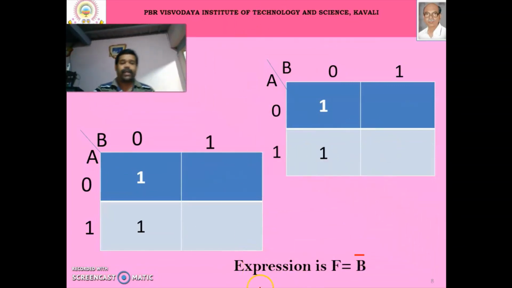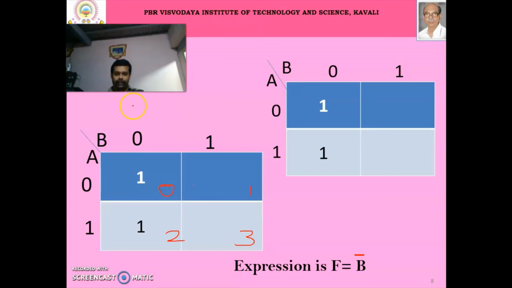Now I will show the possibilities. In a two variable map, you can have two 1s like this. These are the two min terms. If you write the decimal numbers, this is 0, this is 1, this is 2, and this is 3.